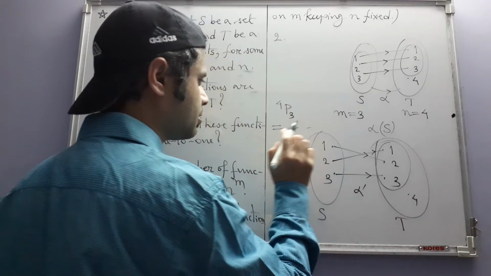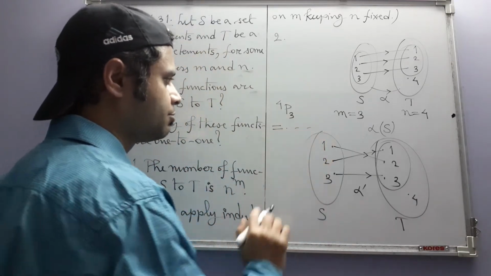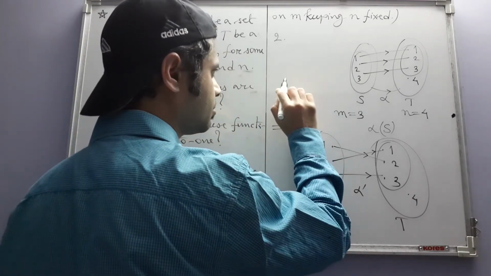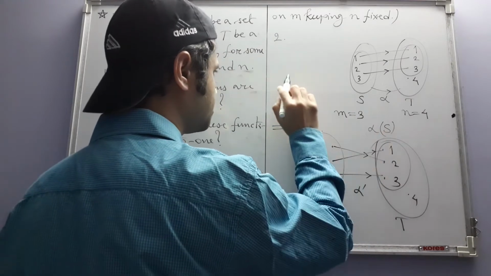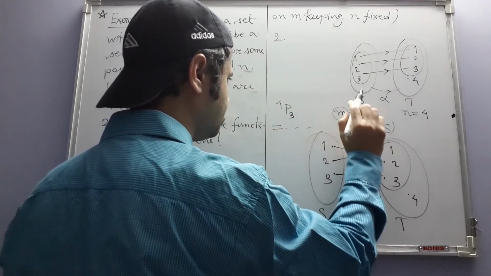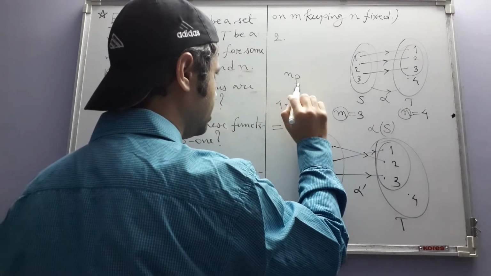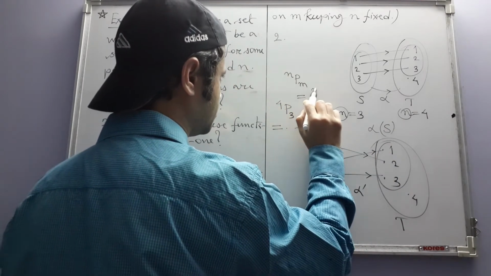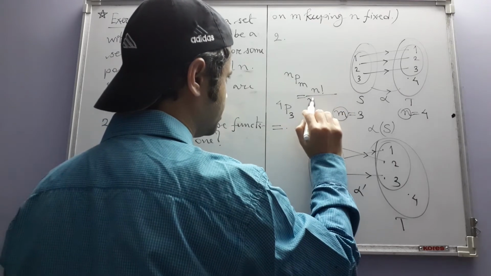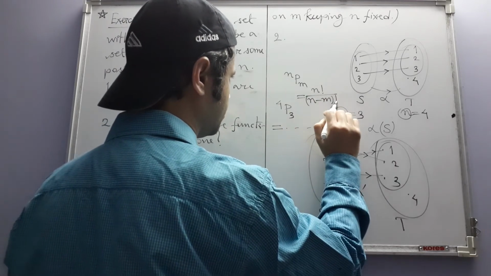We know how to calculate this number for 4P3. In general, since S has m elements and T has n elements, the number will be nPm, that is, n factorial divided by n minus m factorial.